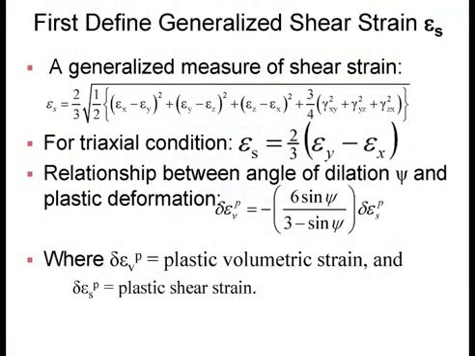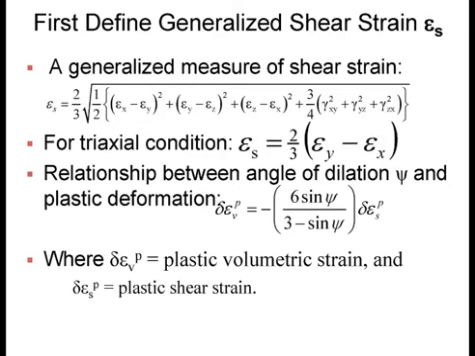Okay. Now, how does the angle of dilation feature into the plastic deformation? And the plastic deformation comes into the picture. It turns out that the angle of dilation is a parameter that relates the incremental plastic volumetric strain to the incremental plastic shear strain.